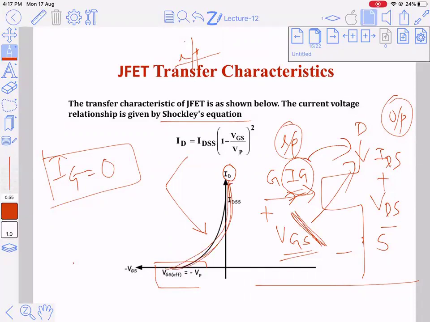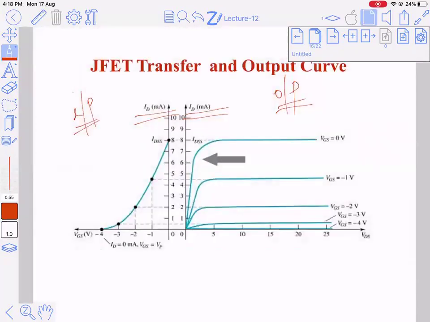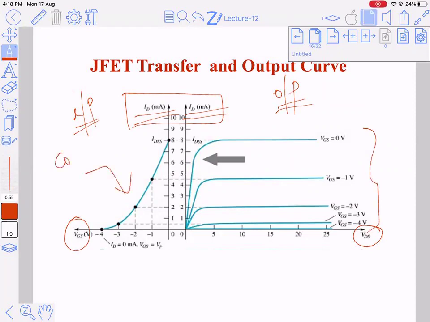So when you talk about input characteristic or output, the current is ID. For the input characteristic, the voltage is VGS. For the output characteristic, the voltage is VDS. This is plotted against different values of VGS. This graph is plotted for a constant VDS.